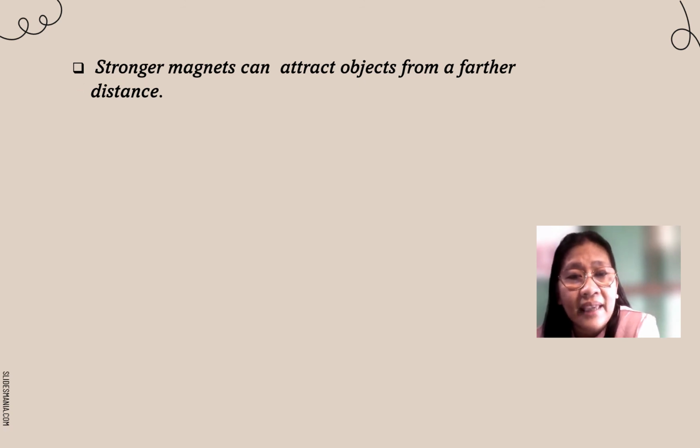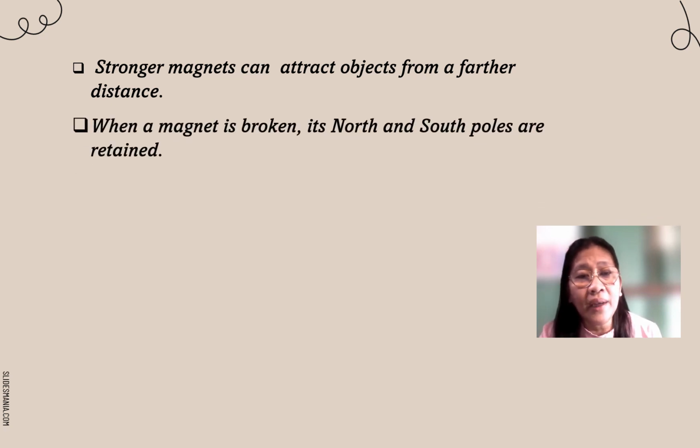Stronger magnets can attract objects from a farther distance. So if a magnet has a stronger force, even a farther object will be attracted. When a magnet is broken, its north and south poles are retained.